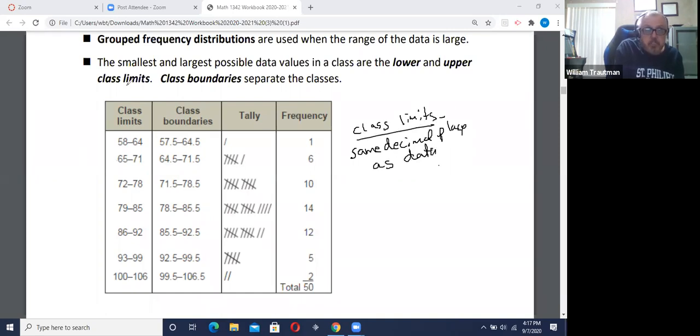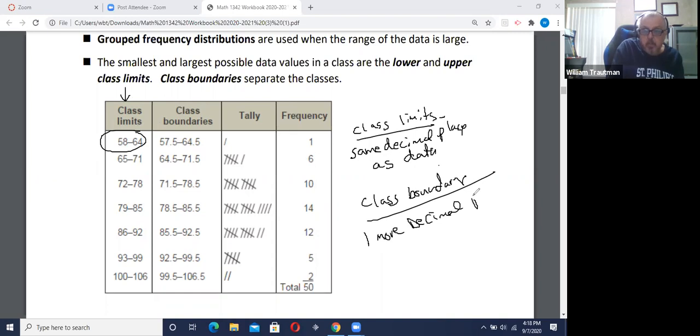In other words, our data is whole numbers because there's no decimal in there. Our class boundary has one more decimal place than our data.